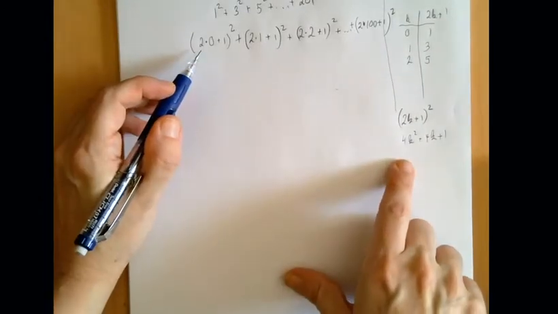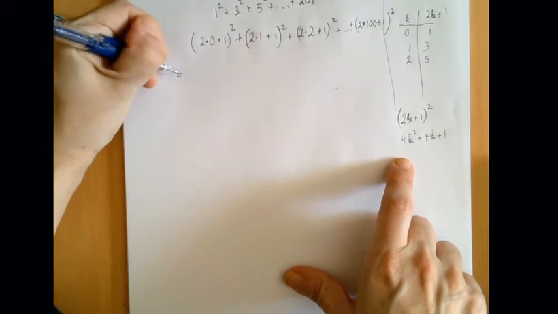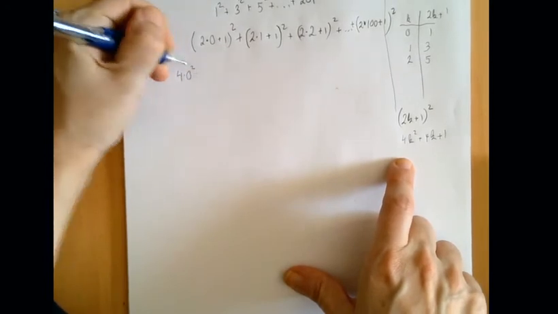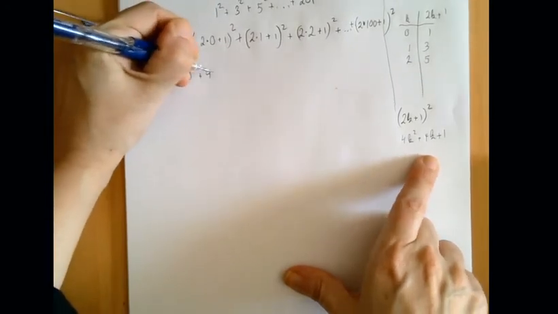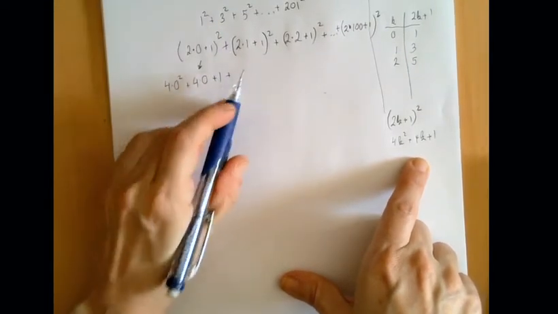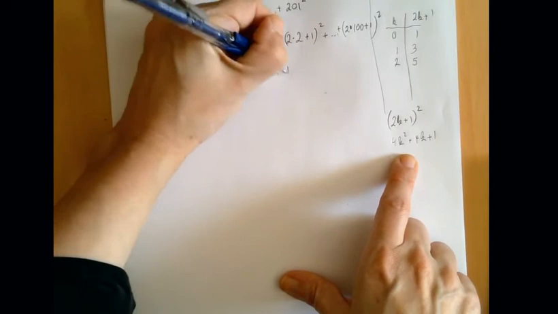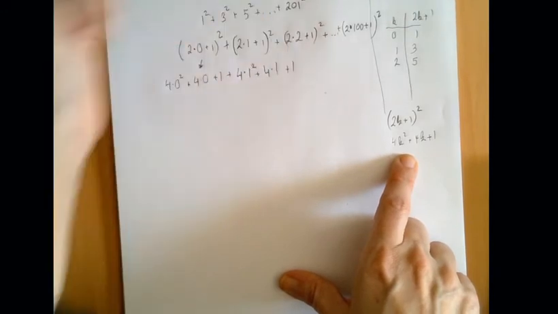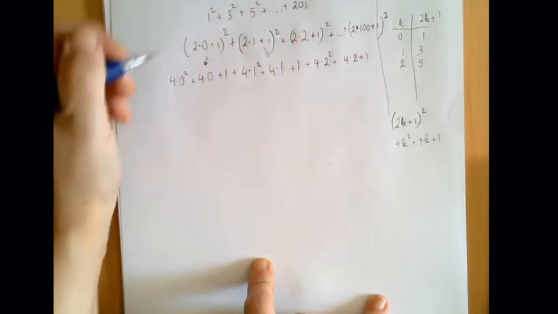We're going to have 4 times 0 squared plus 4 times 0 plus 1 for this piece. We're going to have 4 times 1 squared plus 4 times 1 plus 1. And for 2 times 2 plus 1 squared, we're going to get 4 times 2 squared plus 4 times 2 plus 1.